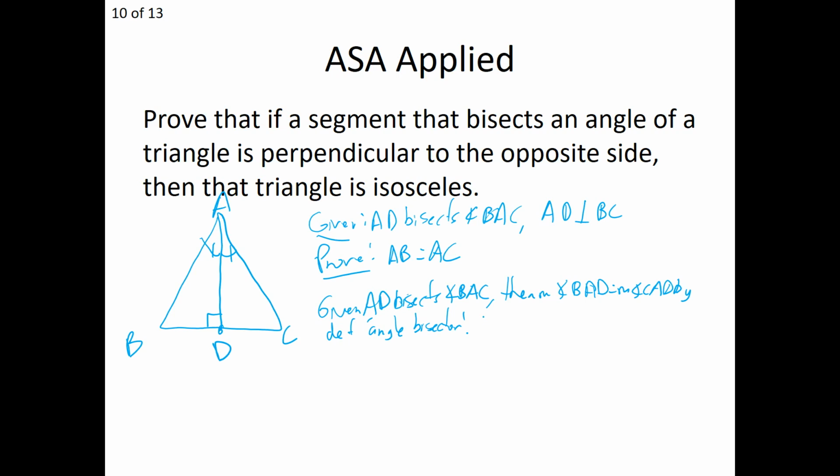Well, also given that AD is perpendicular to BC, then I know that angle ADC and angle ADB are right by the perpendicular lines theorem, right? We proved that if two lines are perpendicular, it forms four right angles.